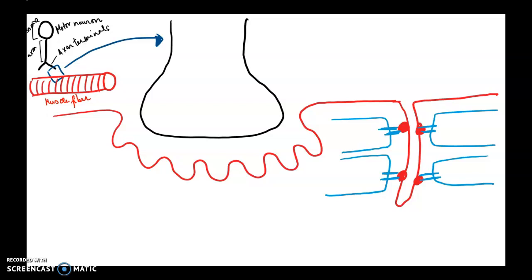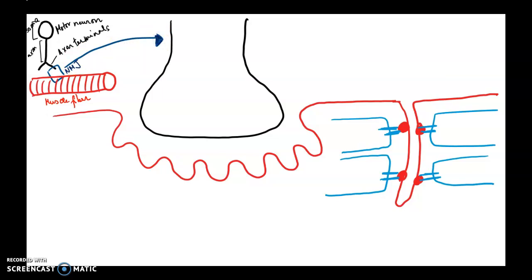If I look at the junction between the motor neuron and the muscle fiber and blow that up, we see this structure that I drew out, the big structure. The junction between the motor neuron and the muscle fiber is called the neuromuscular junction.